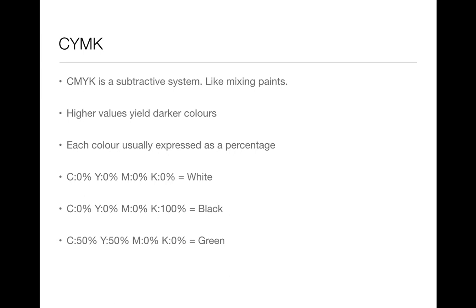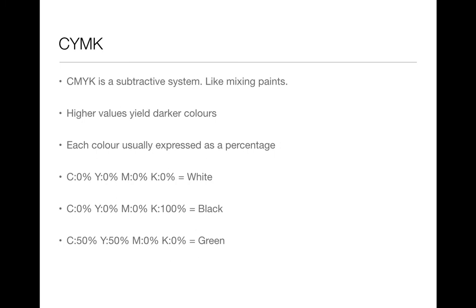Okay? The higher the values, the darker the colors get. So we're talking about adding ink to a white page. So the color is usually expressed as a percentage. If you have 0 cyan, 0 yellow, 0 magenta, and 0 black, well, that's white, because it's a white page with no ink on it.